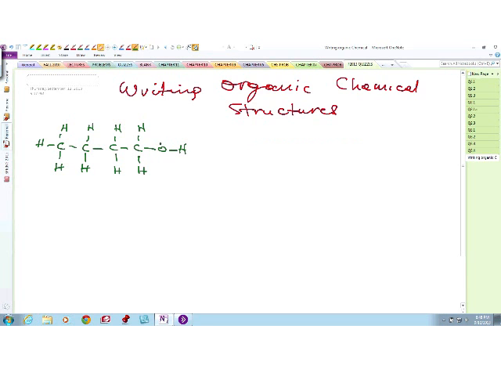This is what we call a Kekulé structure, or line bond structure. I also want to place non-bonding pairs of electrons here.